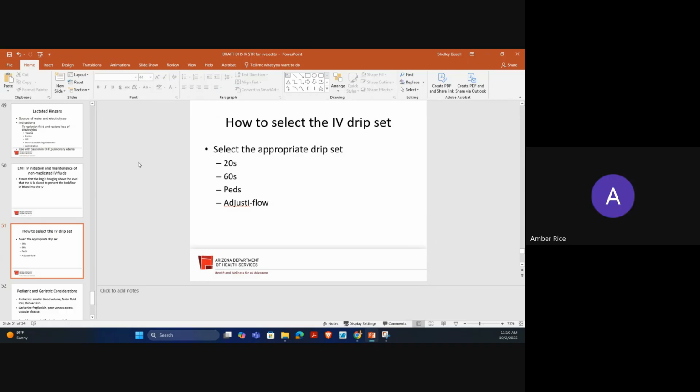I think that might help as a visual. Yeah, I think that would be super helpful. And then the next slide will be situational selection.